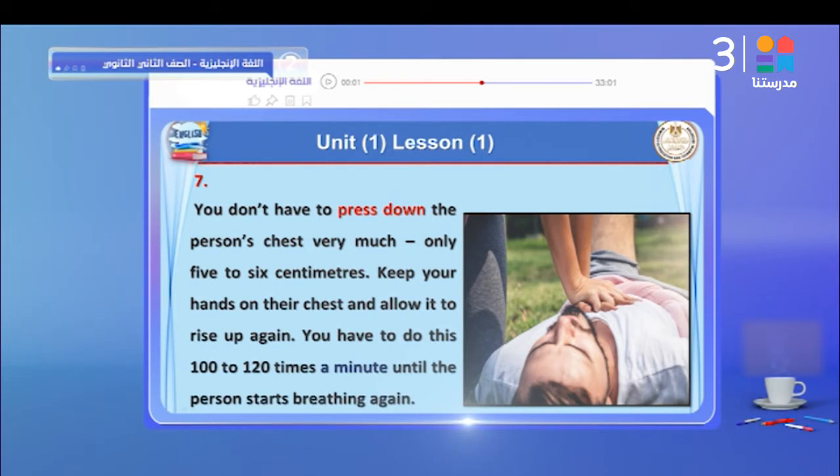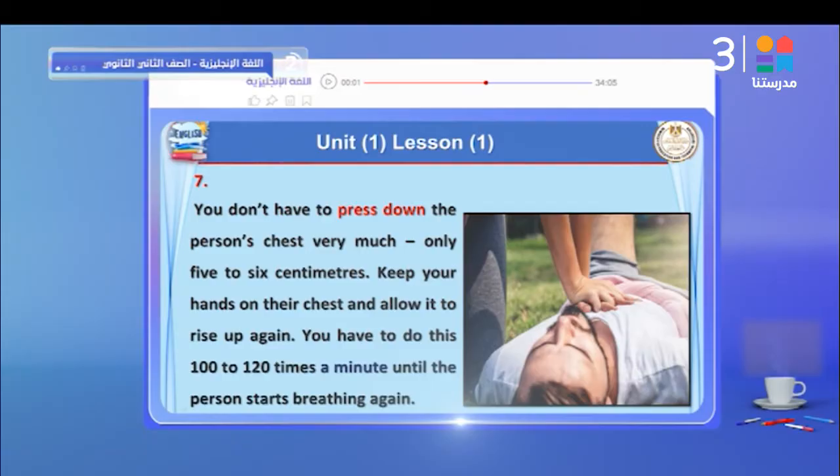Okay? In order to get good reaction or a good response from the person's body, then you have to do it 100 to 120 times. A minute. Each minute, يعني كل دقيقة. Okay? So when I say a minute, it means per minute or each minute.